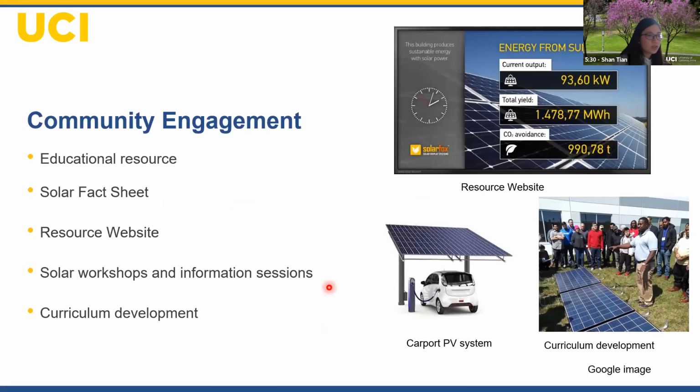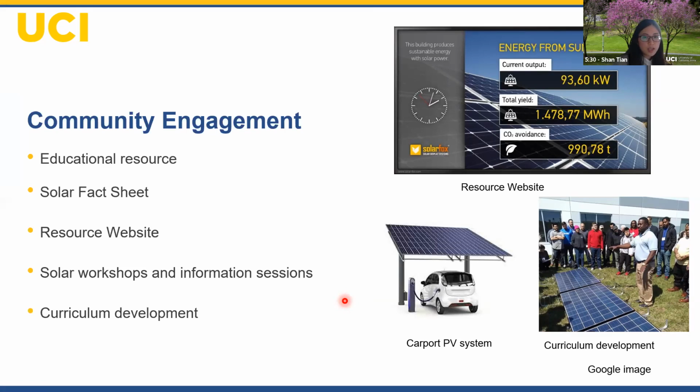For the on-campus solar, we have also identified several strategies to engage the community. The on-campus solar system can be used as an educational resource to advocate solar and raise community interest and awareness. In addition, the Student Association and the Campus Sustainability Center can cooperate to develop solar fact sheets and organize solar workshops or information sessions to provide opportunities for students and staff to engage with the project.